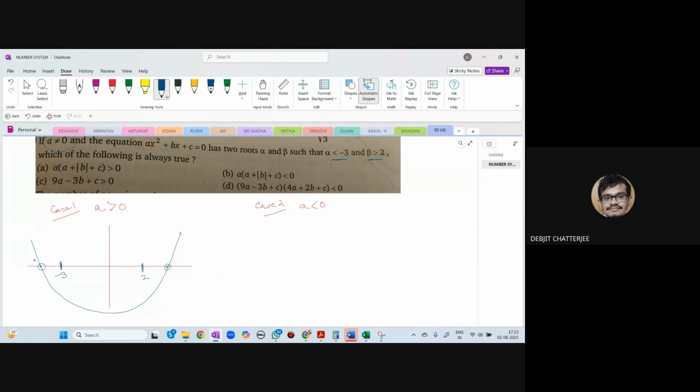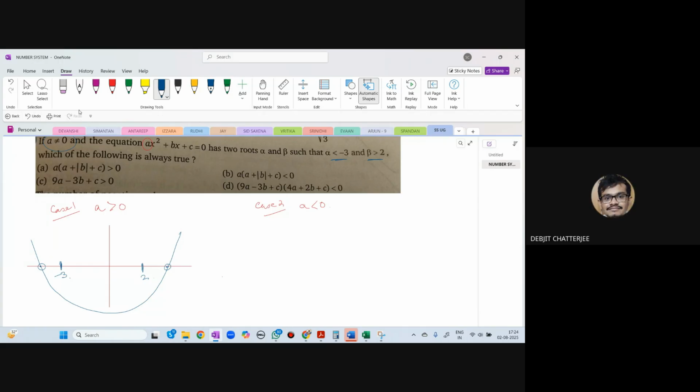That means a minus b plus c and a plus b plus c are both less than 0 if we take a greater than 0. So a plus mod b plus c is less than 0 for a greater than 0, so a into a plus mod b plus c will be less than 0. Similarly, if a is less than 0, then a plus mod b plus c will be greater than 0. So again, a into the product will be less than 0, negative.